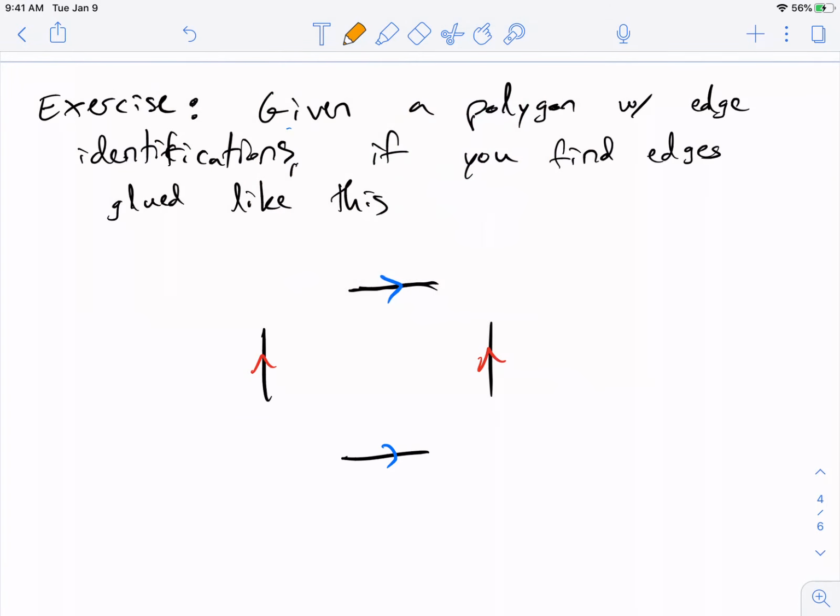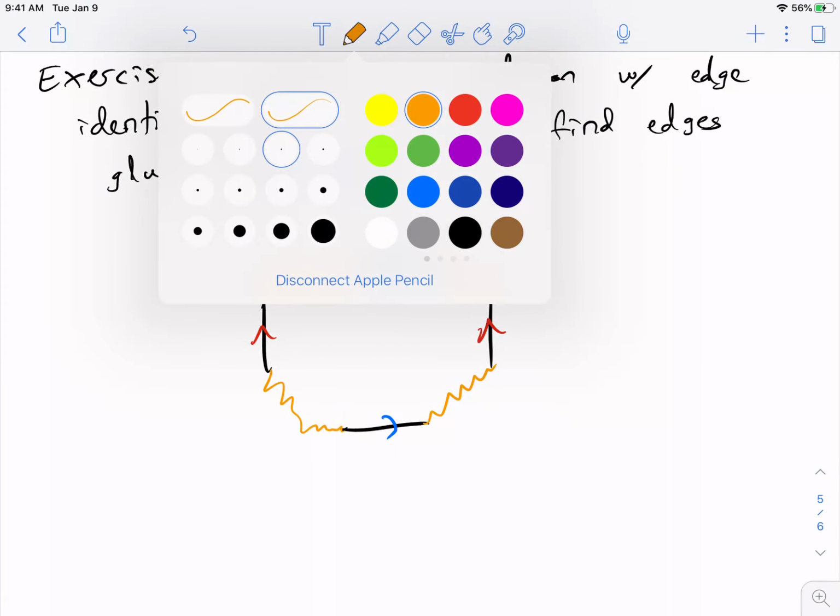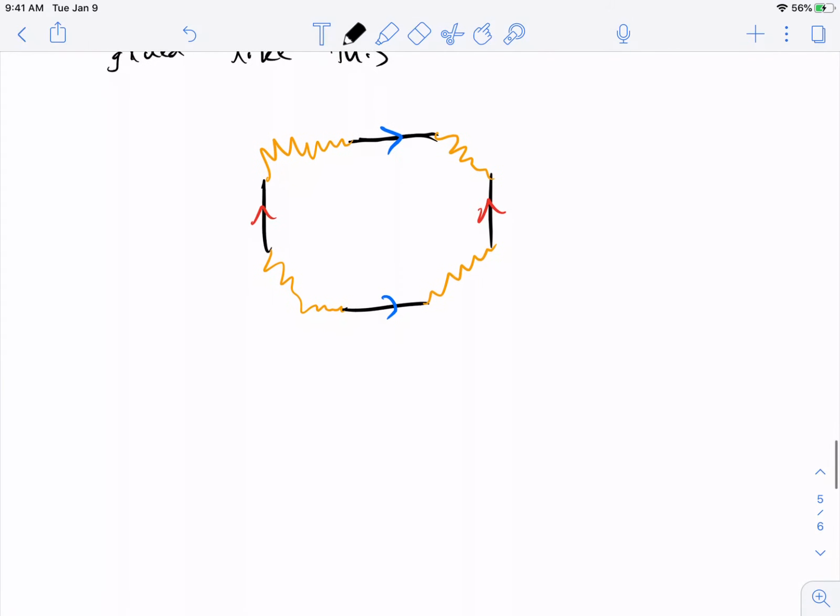So there's a bunch of other edges in between these ones, and a lot of complicated stuff is happening in between. Still, you might hope that there's a torus in this surface, in the sense that this surface can be represented as something connected sum with a torus. So that's the exercise.